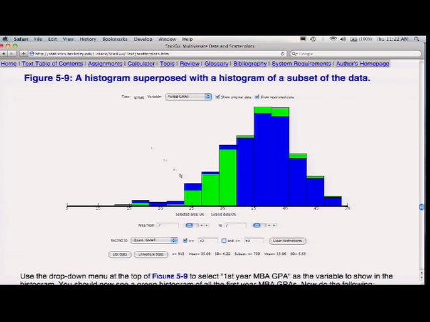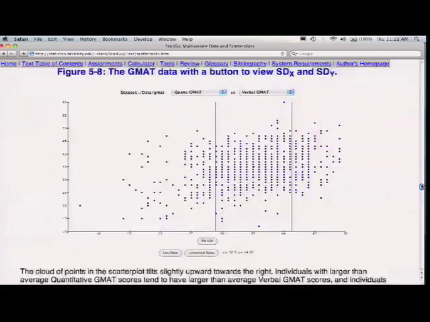Let's look back at this plot for a second here. Again, this is a plot of quantitative versus verbal GMAT. And the average quantitative GMAT score, reading off, I put the cursor over the dot, the value of the quantitative is about 34.5.